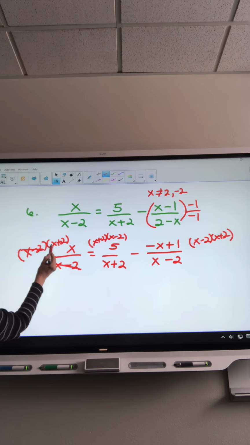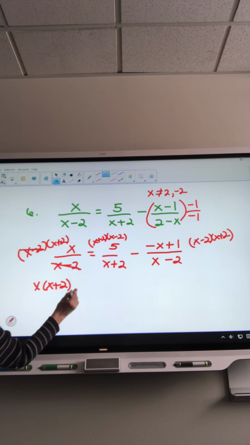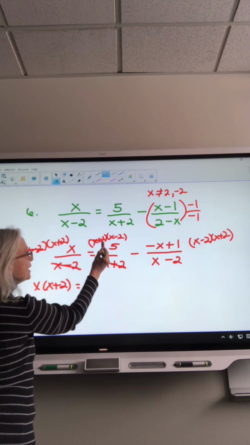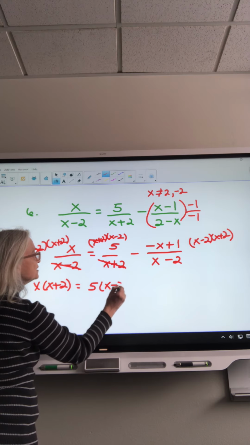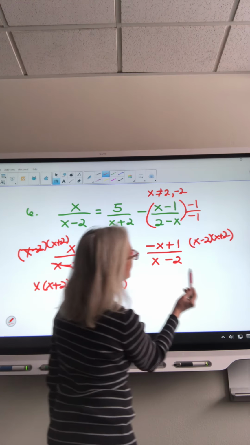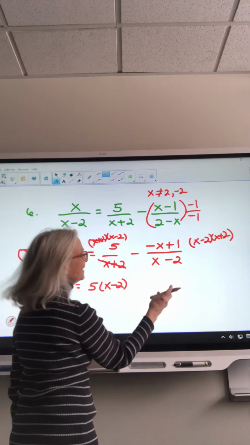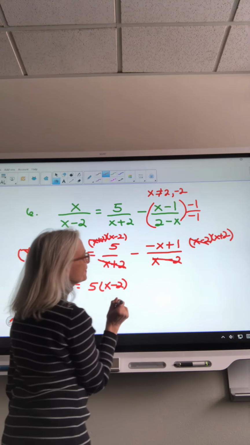So now I have x plus 2 times x. And that's equal to, x plus 2 cancels out, so I've got 5 times x minus 2. x minus 2 and x minus 2 cancel out.